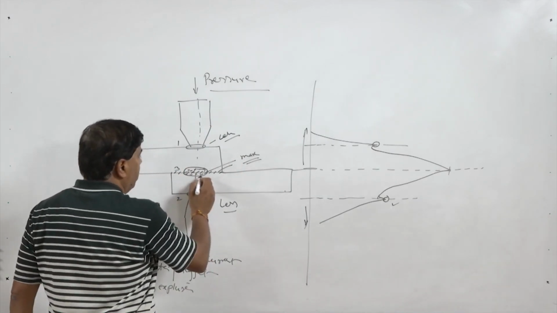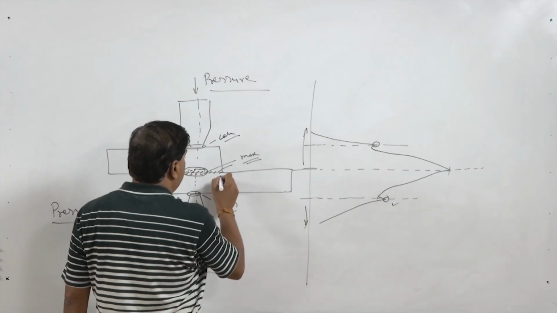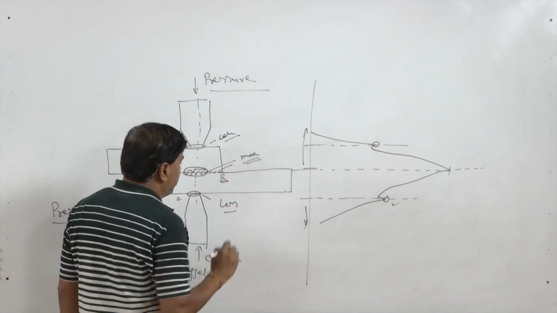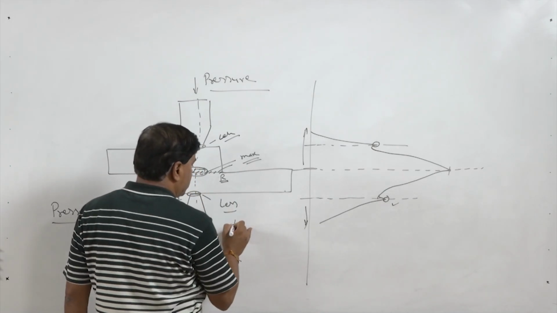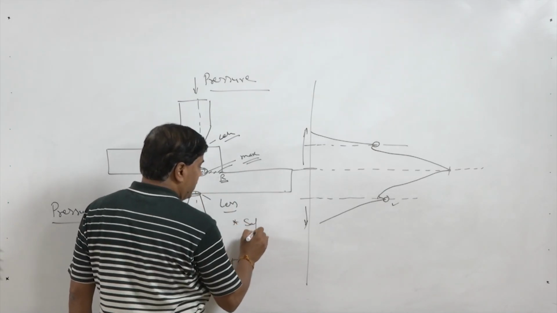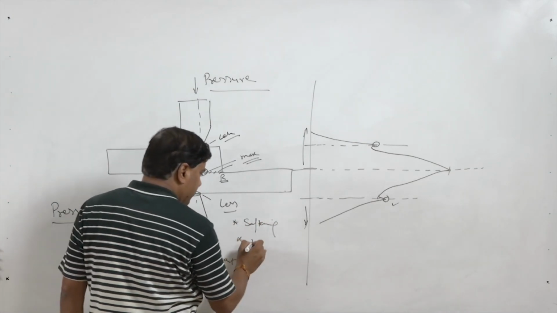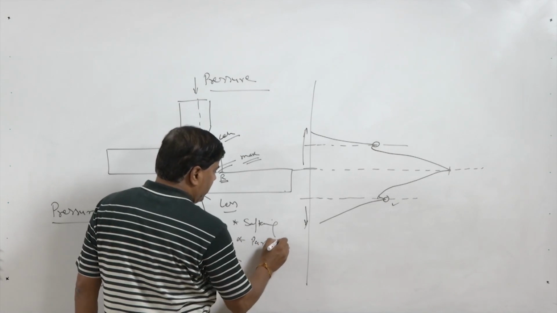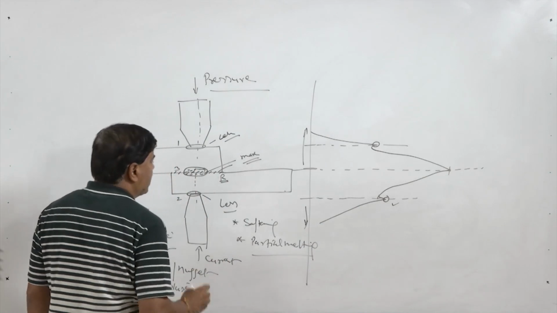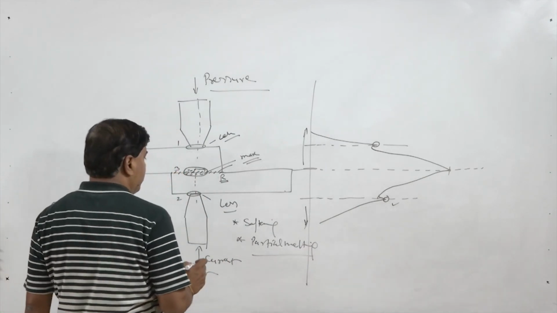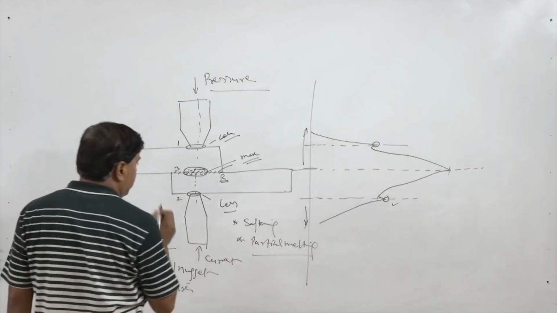Because of the maximum current and heat generation, since the R value at the contact interface is maximum, it results in the maximum heat. This heat results in softening, and sometimes even partial or little melting also takes place, and after this melting, the solidification will result in the formation of the joint.